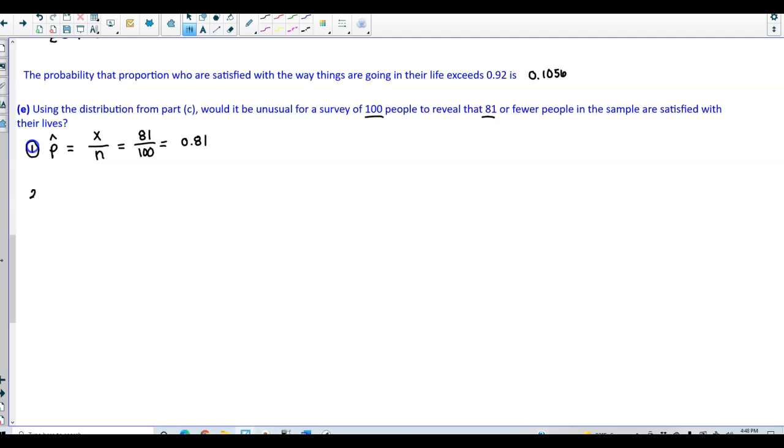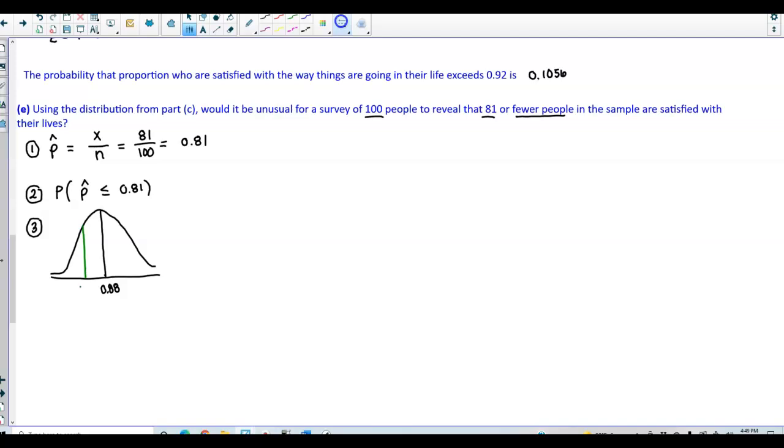So that gives us 0.81. So now what we want to do is find the probability that the population proportion, it says to reveal that 81 or fewer. So what that means is we want to find this to be less than or equal to 0.81. Okay, so if we wanted to draw this distribution, well, again, we know that the mean from part C is 0.88, and we know that we want to find where it's less than 0.81.